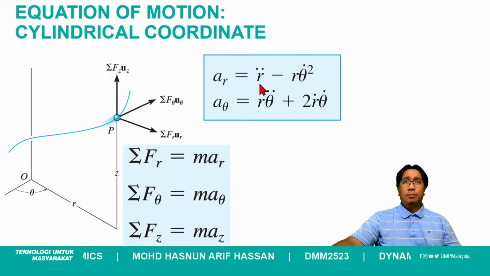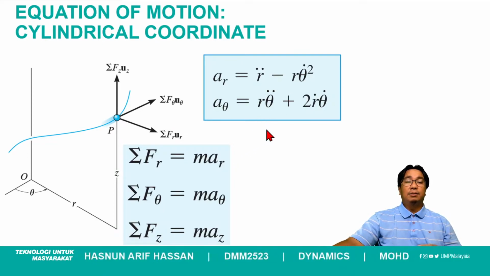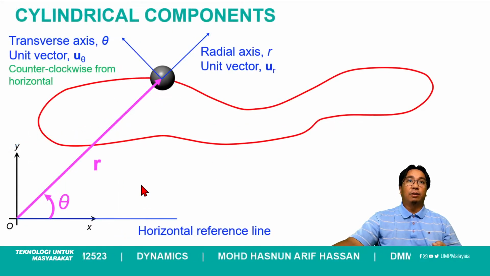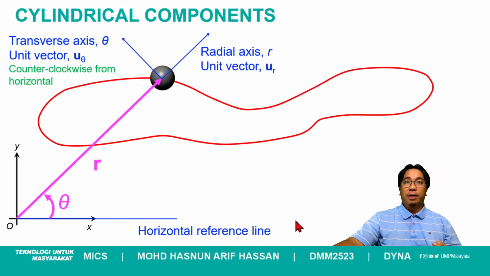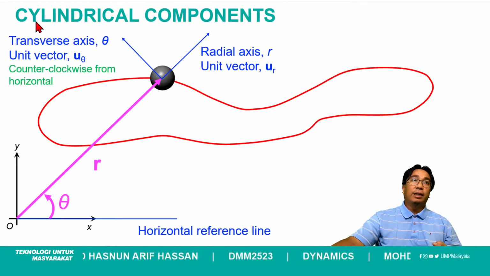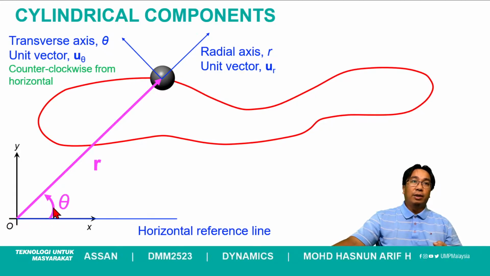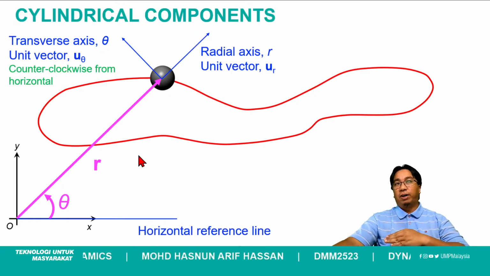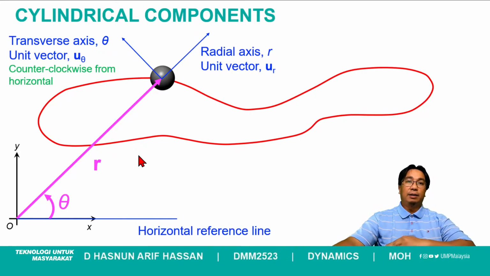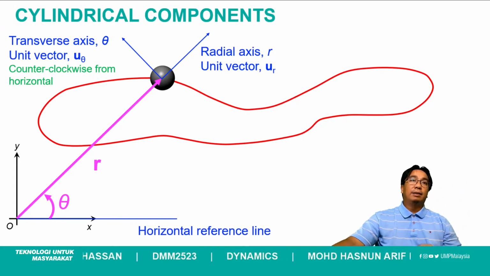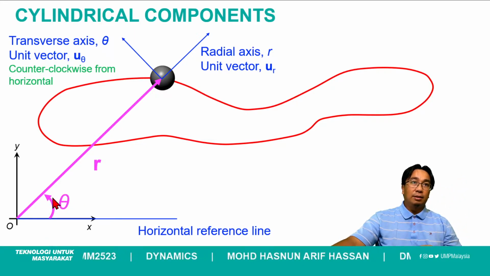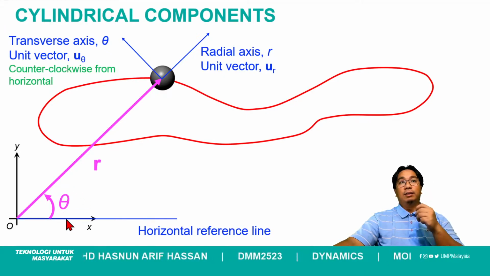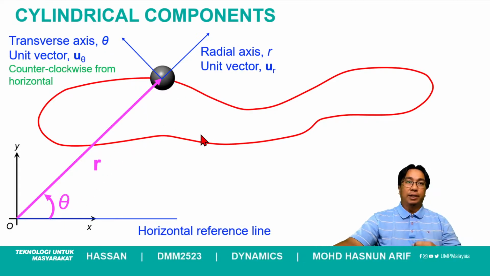Okay. So theta here means the angular motion of the object. So if you imagine an object is rotating about point O, you can imagine that theta here is changing over time. So the faster the object is rotating about O, then theta dot will become larger. So this shows the angular velocity of the object.